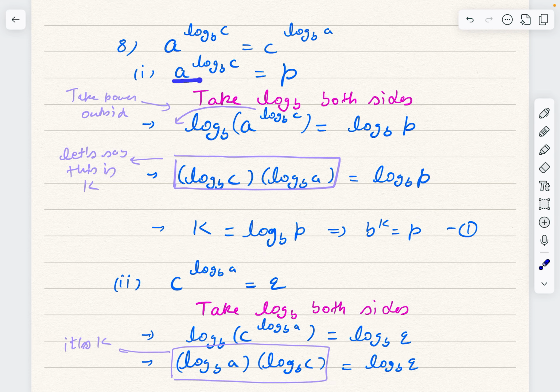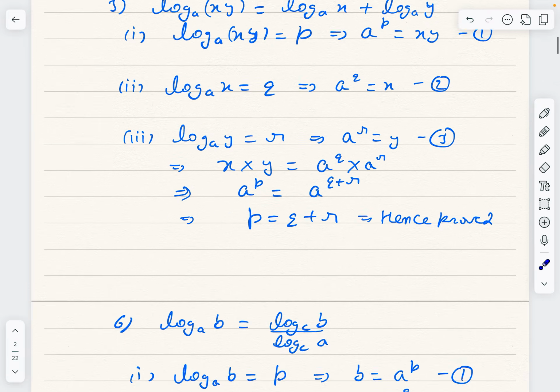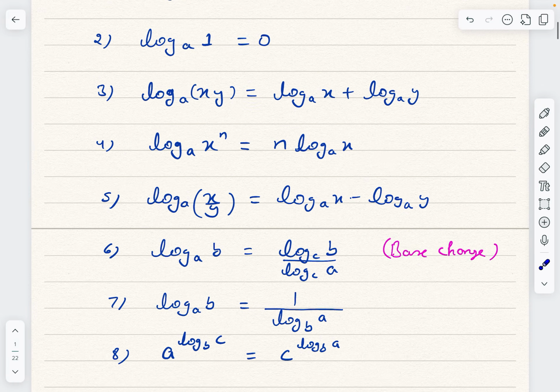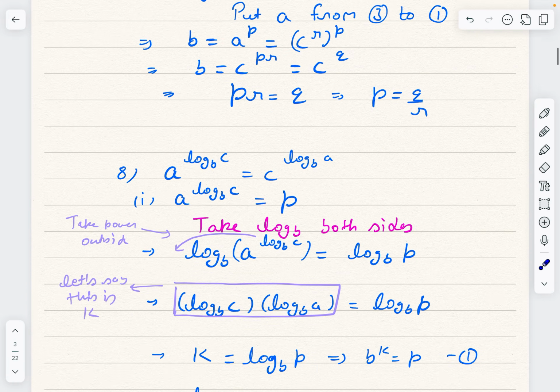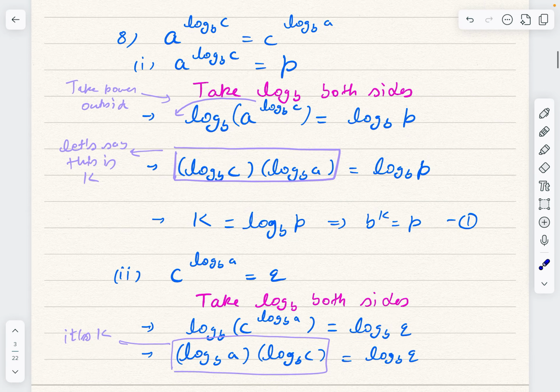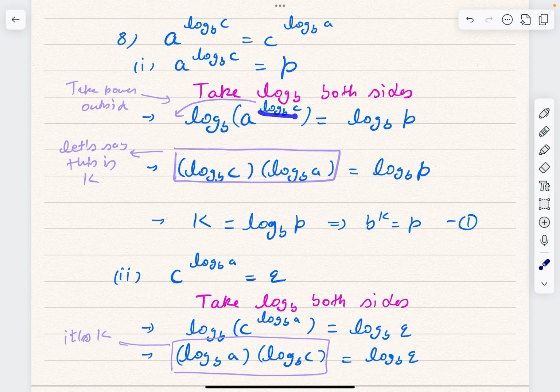First, let us assume A to the power log base B of C is equal to P. Now we take log base B both sides. If I take log base B both sides, the left side will be log base B of this same thing again, and the right side will be log base B of P. Now using the fourth property, where we take the power outside, so it is like A to the power something.